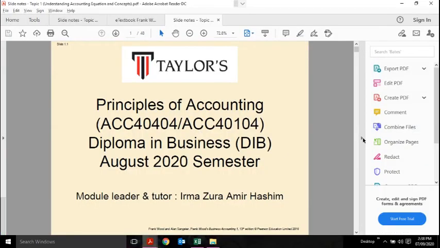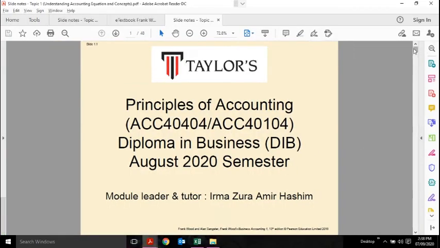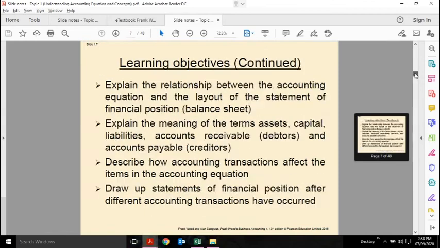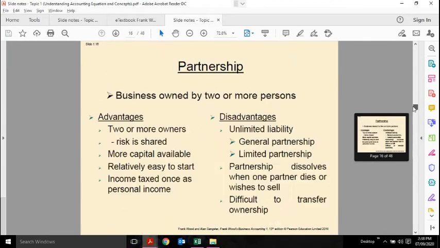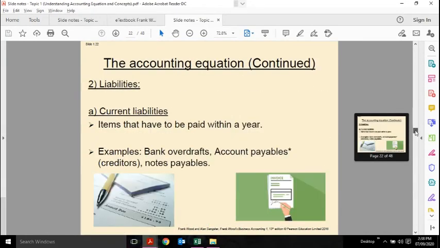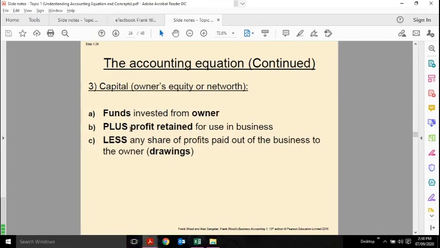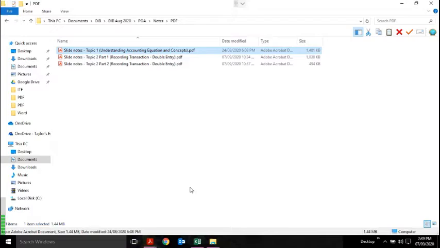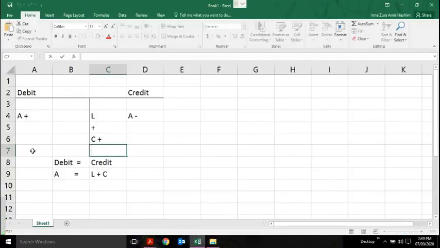Okay, so for the drawings, if there's a reduction in your capital, usually it's only drawings. Whenever you take anything from the business for own personal use, we call it drawing. So for the drawings, you will write it here. When there's a reduction in your capital, you record it as debit.